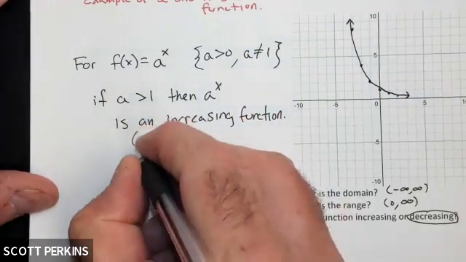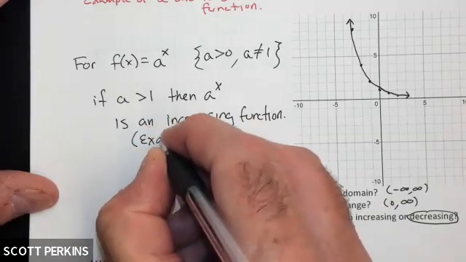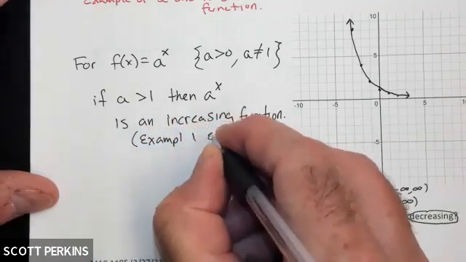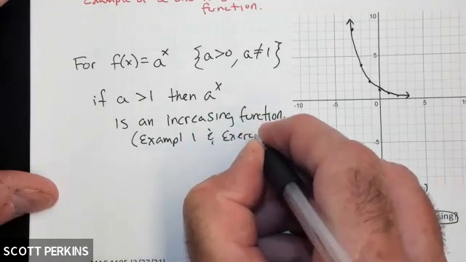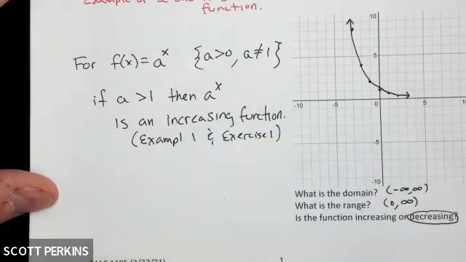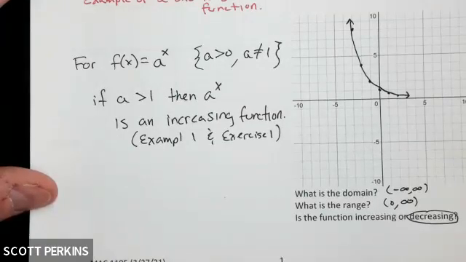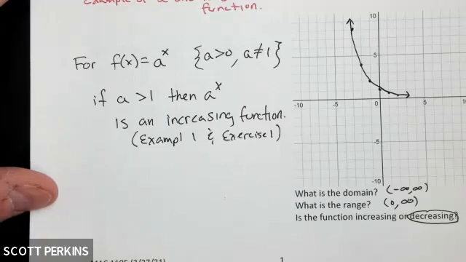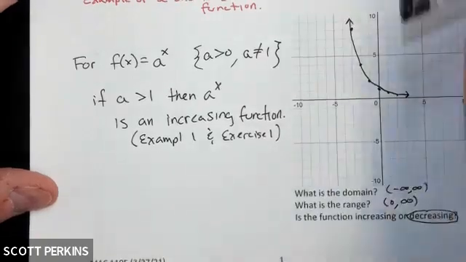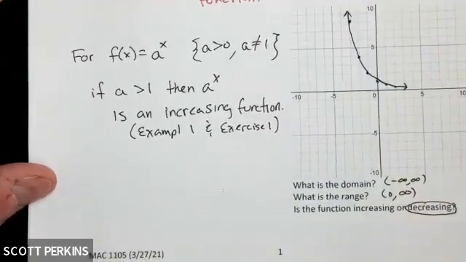I'm just going to write in parentheses that is example 1 and exercise 1. It's an example of growth. So you see that in a lot of different areas. The population of the Earth right now is on an exponential growth function.